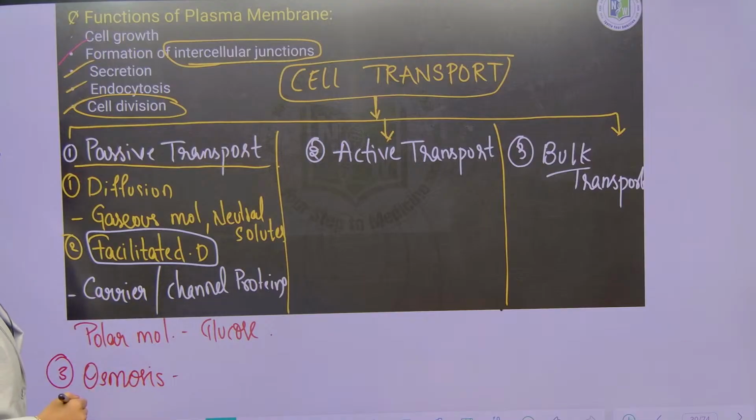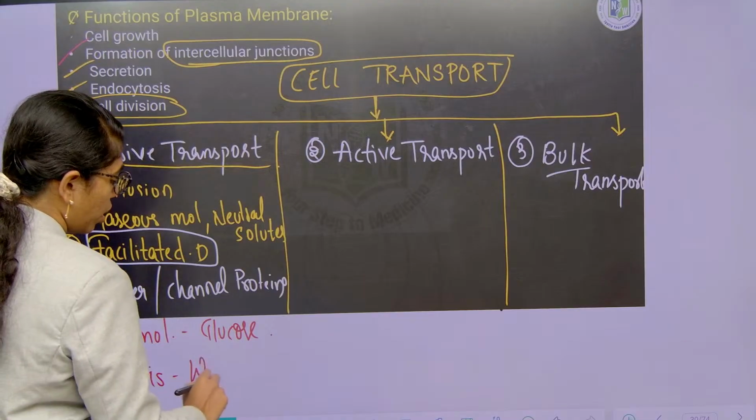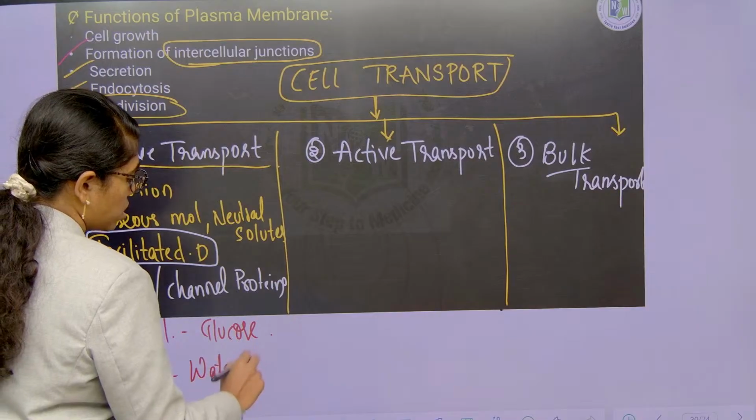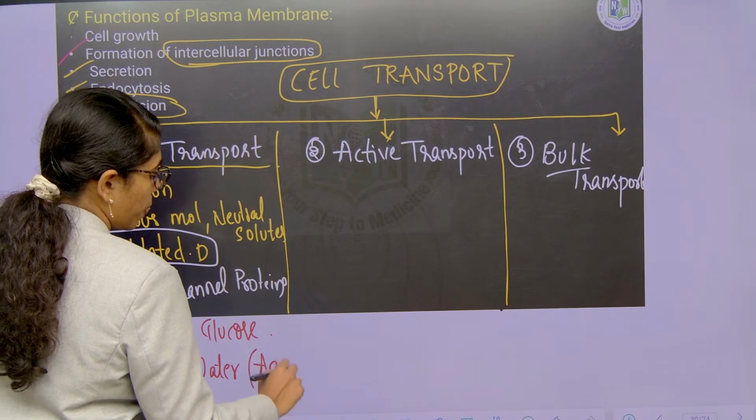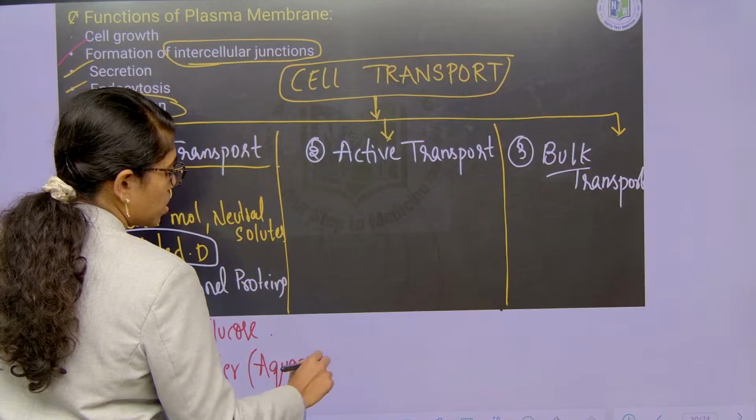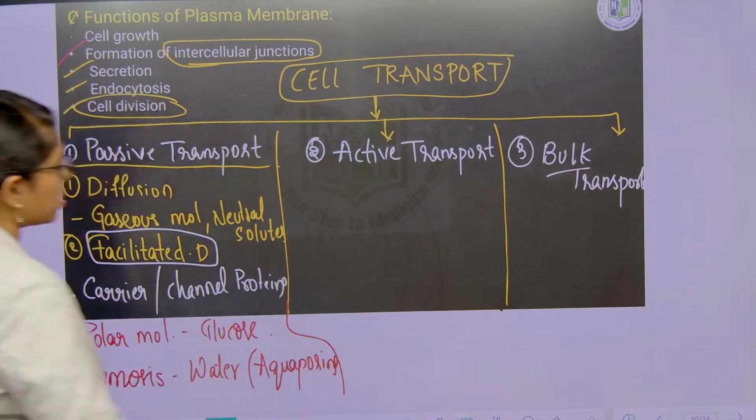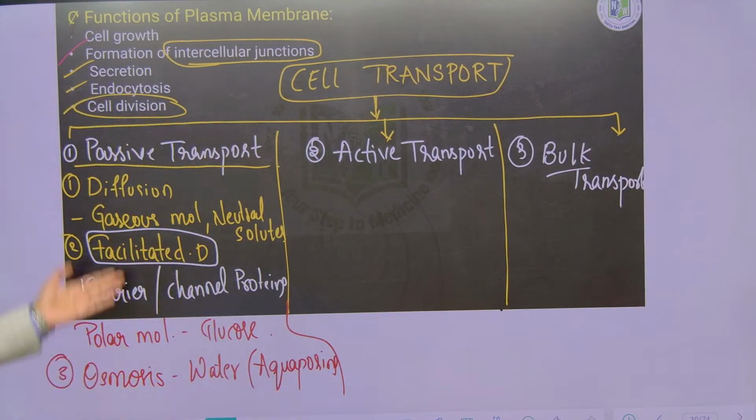One best example of osmosis is the water molecule, which is traversed across the aquaporins. These are the three modes of passive transport. Does it require any energy? No energy. And this is from high concentration to low concentration.